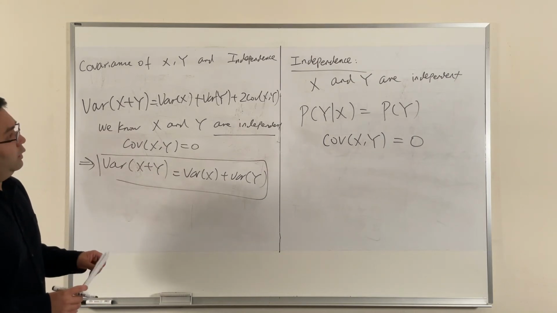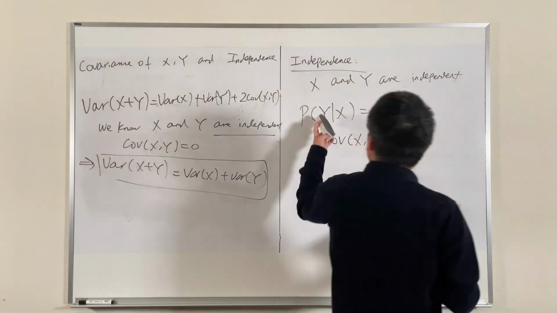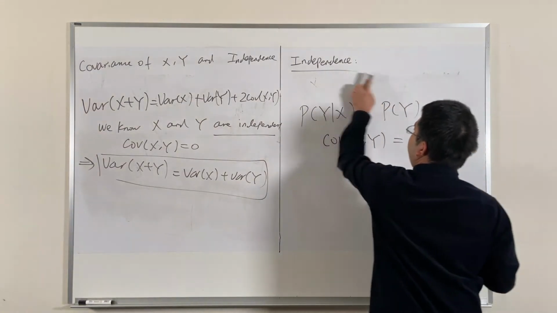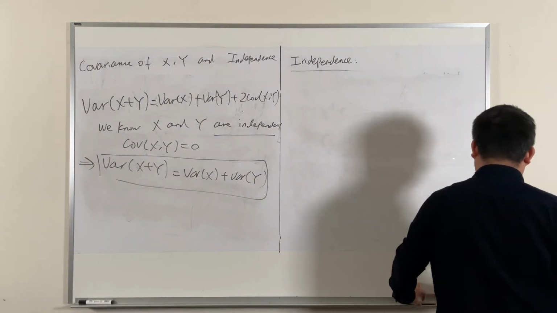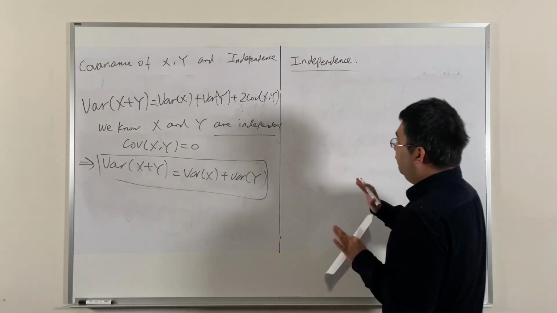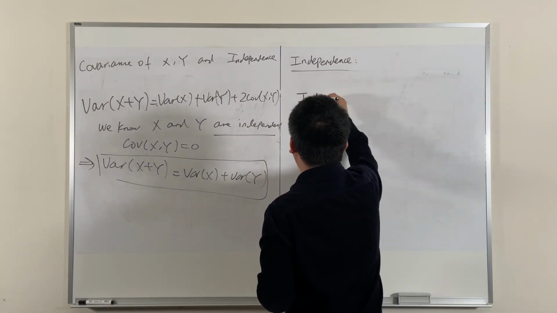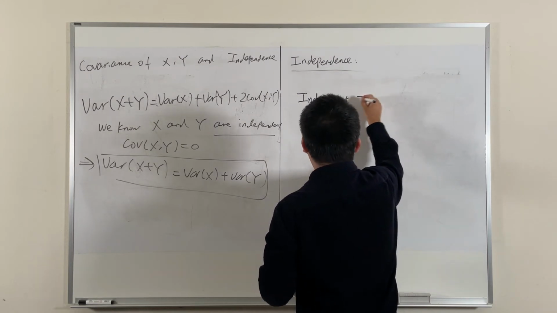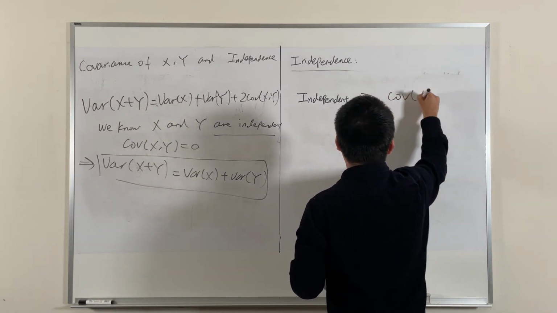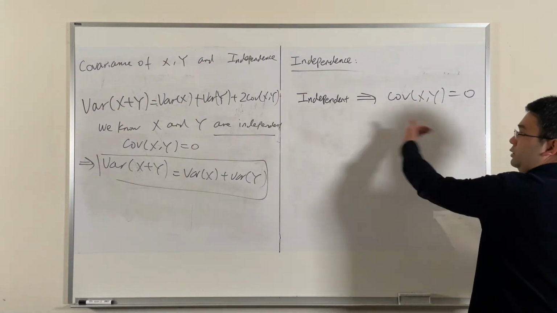Okay. One important concept that I want to point out is that if we know 2 variables are independent, then we know the covariance of X and Y is 0, right? This direction, yes.